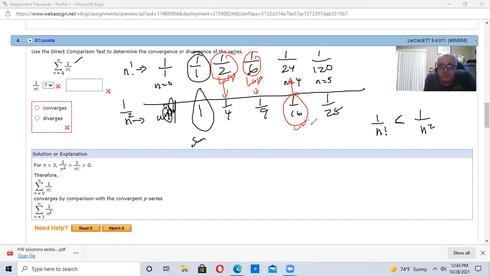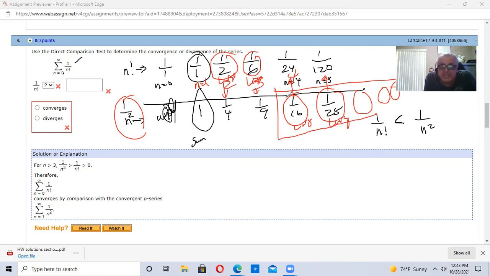This one is larger. 1 over 25 is larger than 1/120, and so on. So all the larger numbers will be here. So we can do this comparison for n equals 1, 2, 3, 4, just as long as we're dealing with these numbers and not these.